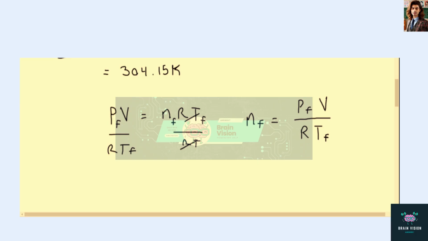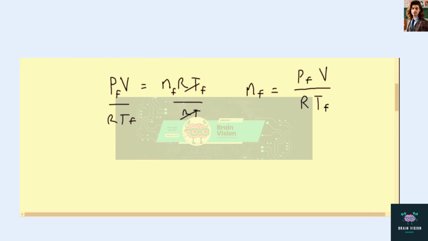So we have V, we have P final, we have T final, and we have R. So we can calculate the final number of moles. And if we do that, our final number of moles will be 0.123 moles left in the tank.